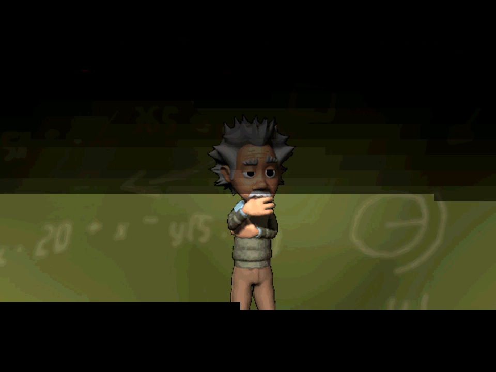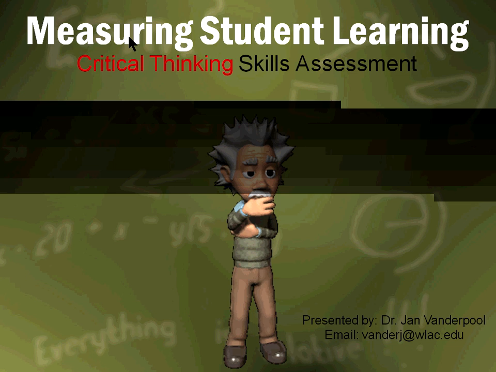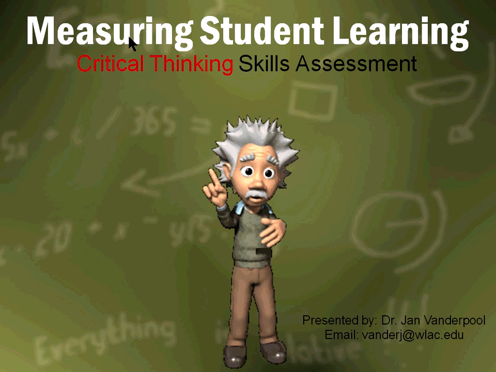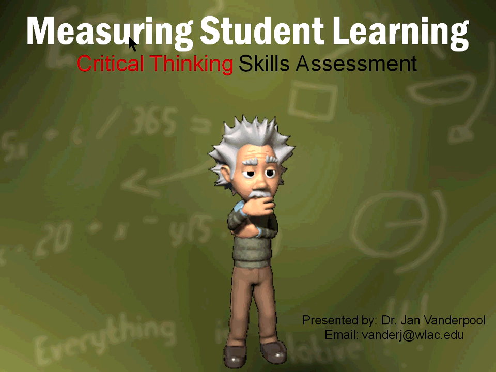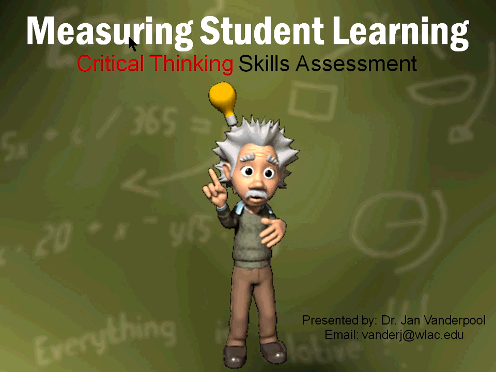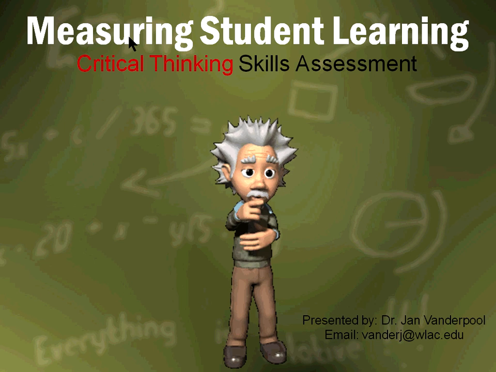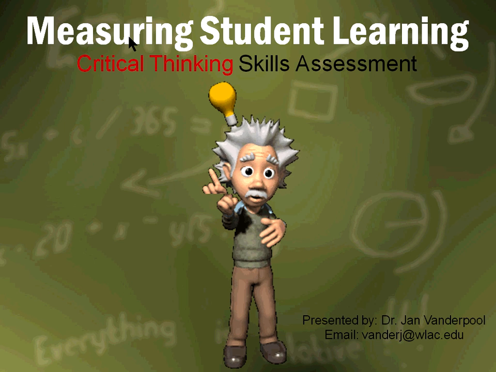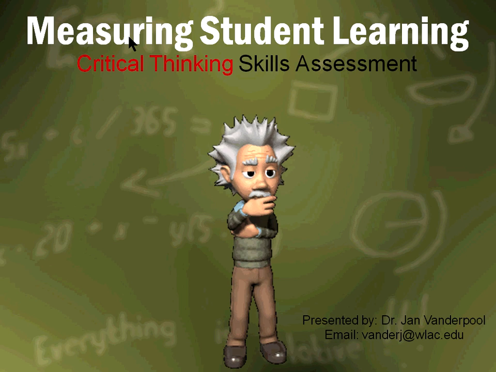We're going to look at various ways in which we can measure the impact that we have on increasing student critical thinking skills. In today's global economy, we need to come up with ways to increase the way in which students think creatively, not just rote memorization of times tables.